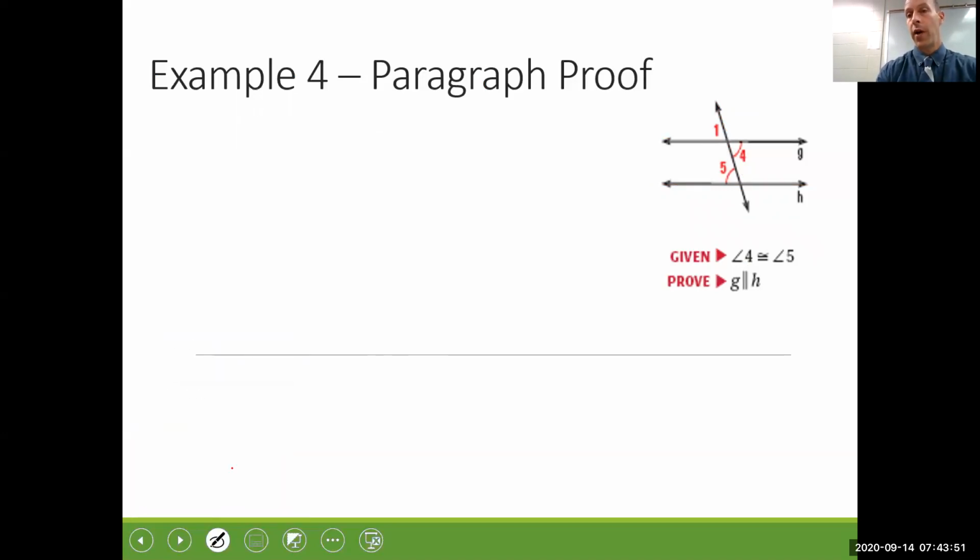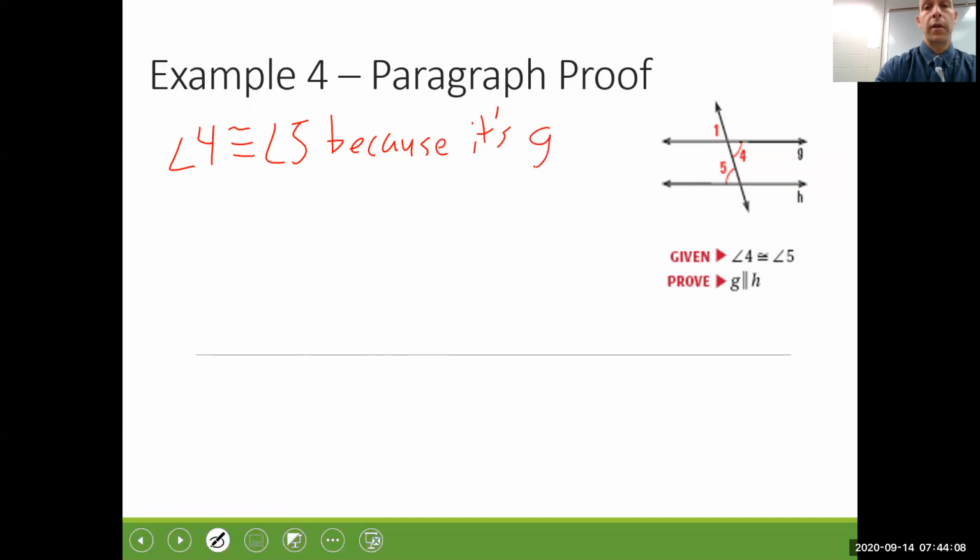So here I'm just going to write sentences. I'm going to say angle 4 is congruent to angle 5 because it's given. Or you can say it's given that angle 4 is congruent to angle 5.